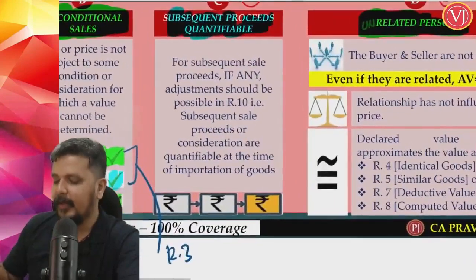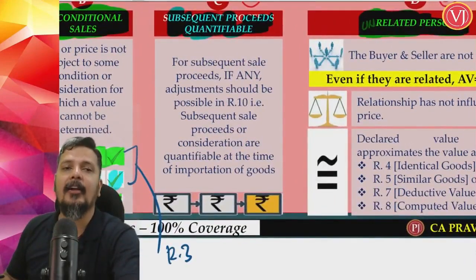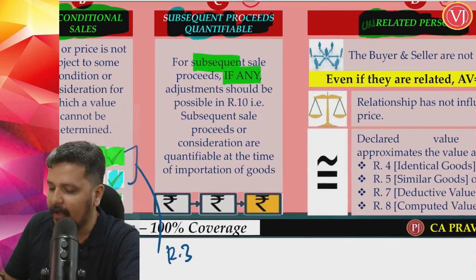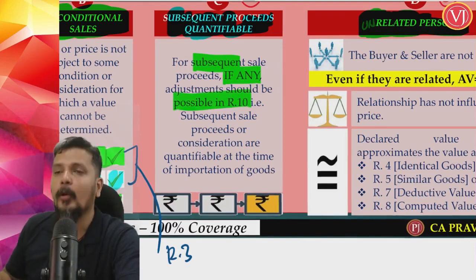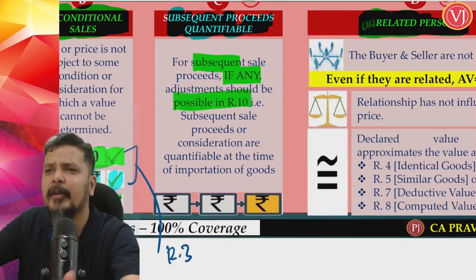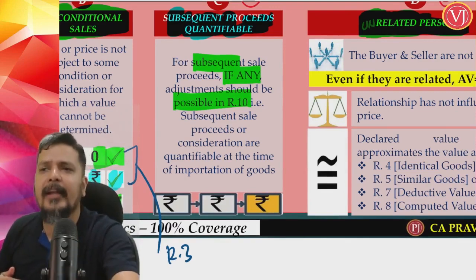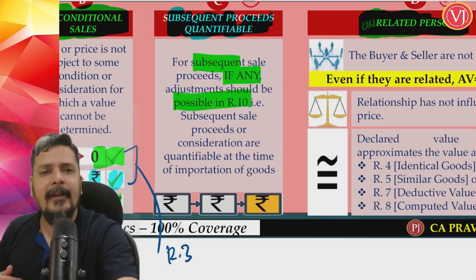Now next, if subsequent sale proceeds are quantifiable at the time of import, which you can quantify at the time of import, there will be an addition in terms of rule 10. The main rule of your valuation is rule 10, where you are going to add a lot of items, 5 plus 2 items.